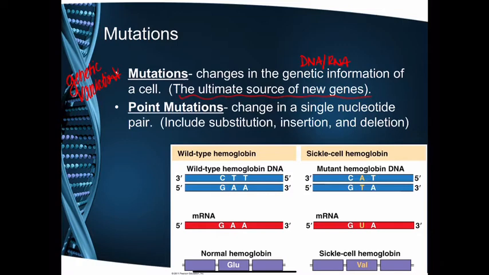So what I want you to realize is there are really two basic types of mutations. There are chromosome mutations, and we talked about those in the last unit, and there are gene mutations. Chromosome mutations are things like Down syndrome. They're things that you can see in a karyotype. They're big pieces of a chromosome that have been mutated.